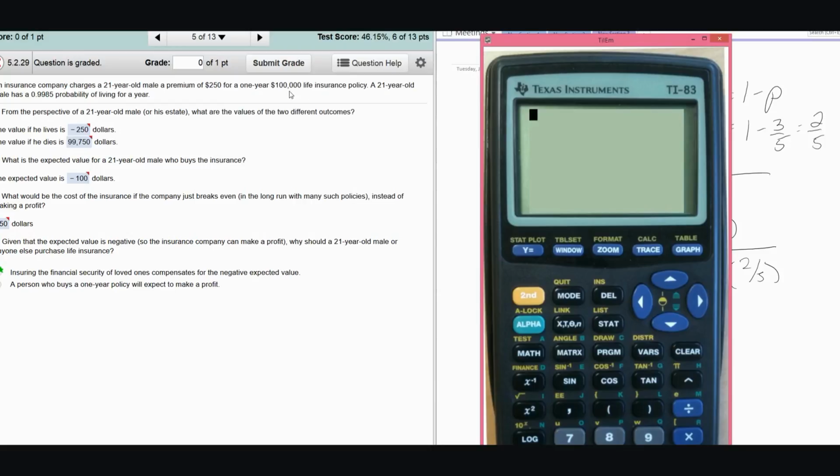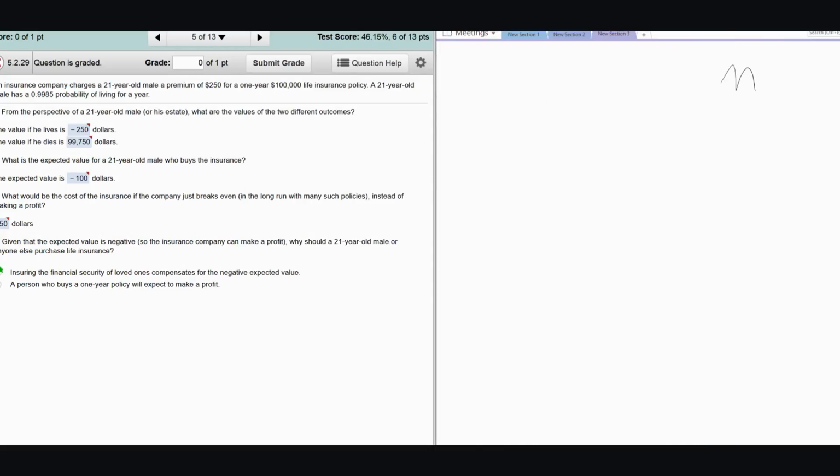What we have to be careful of here is they paid $250 for it, so the value of it would be $100,000 minus the $250. Okay. Now, for the expected value, we're going to set up a chart. So we'll have our money and the probability of that.